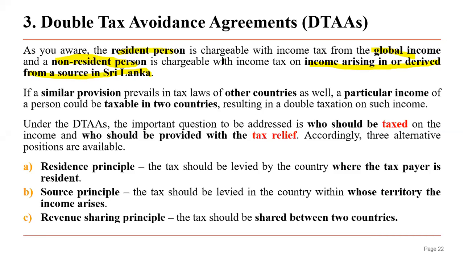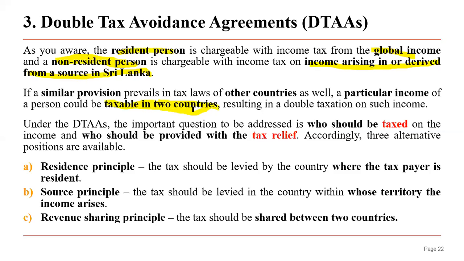The similar provision prevails in the tax law of the other country as well. Then the particular income could be taxable in two countries. Basically, one country will tax it, and the other country as well. If similar provisions prevail, then definitely you will be taxed in both countries.